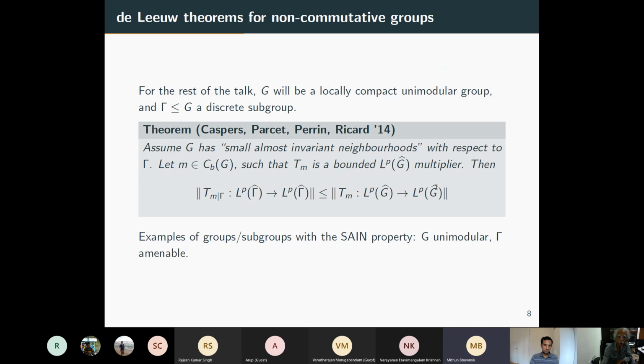So say you have a discrete subgroup of a locally compact unimodular group.